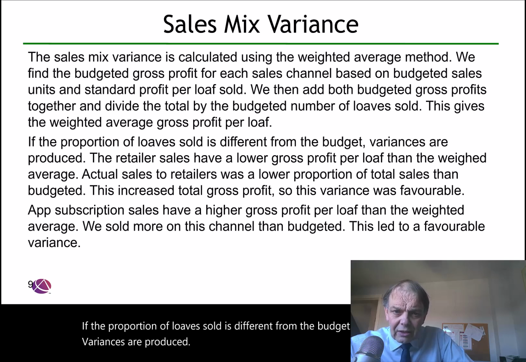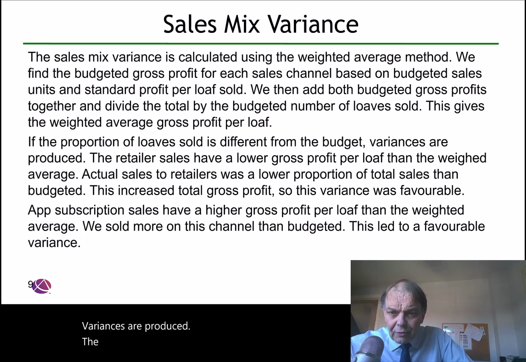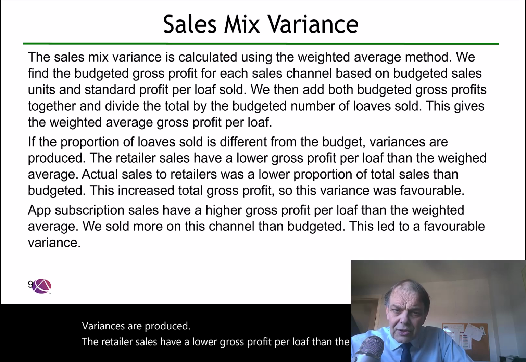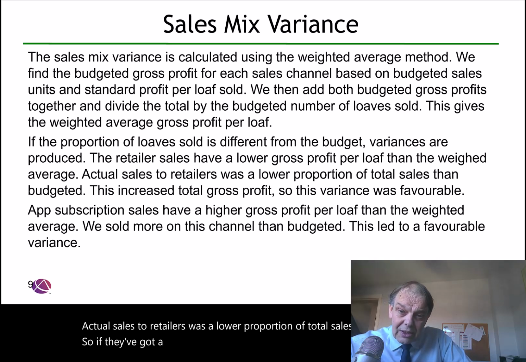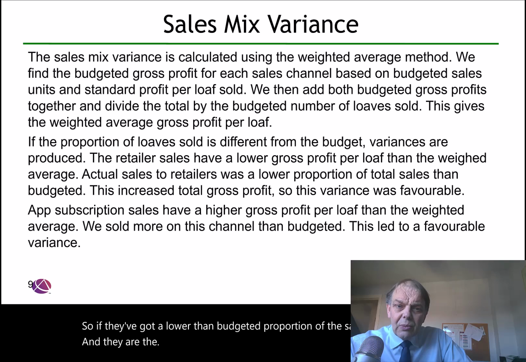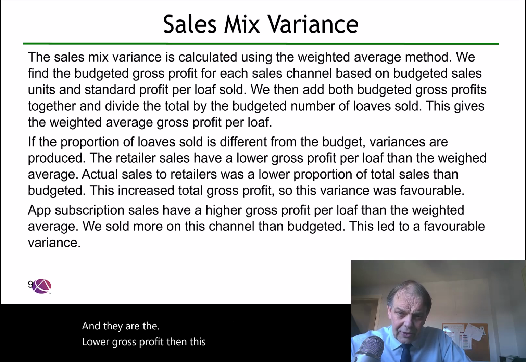The retailer sales have a lower gross profit per loaf than the weighted average. Actual sales to retailers was a lower proportion of total sales than budgeted. Okay. So if they've got a lower than budgeted proportion of the sales, and they are the lower gross profit, then this will increase total gross profit, and so the variance was favourable.